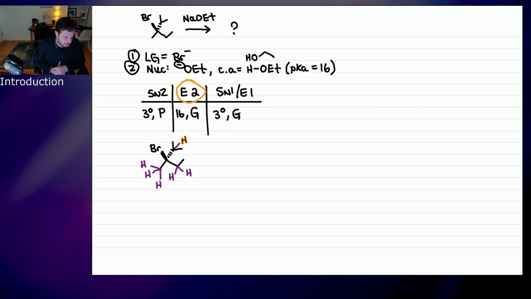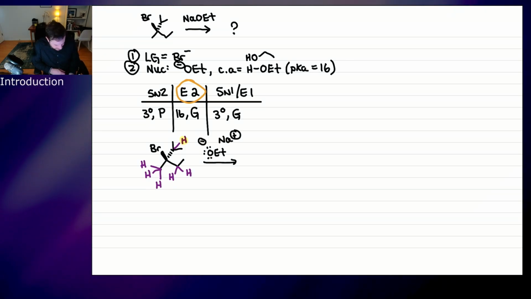Feel free to ask me if you weren't sure what I just said there. I know it was kind of a mouthful, but the priority beta hydrogen is the hydrogen on the carbon with the fewest number of hydrogens. And the reaction mechanism is going to be such that the nucleophile is going to act not like a nucleophile, but as a base. So here's our OEt minus. I'll draw the sodium counterion kind of floating around here.